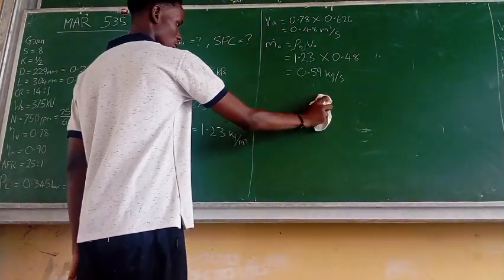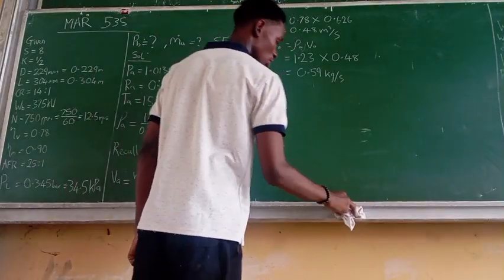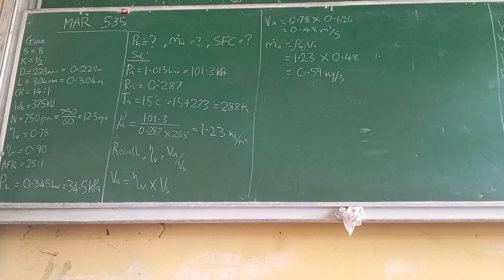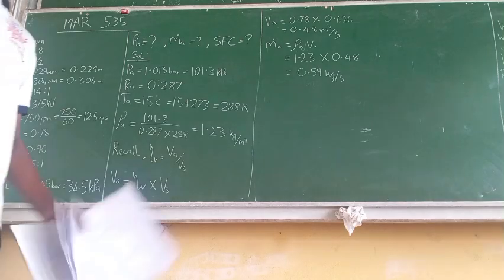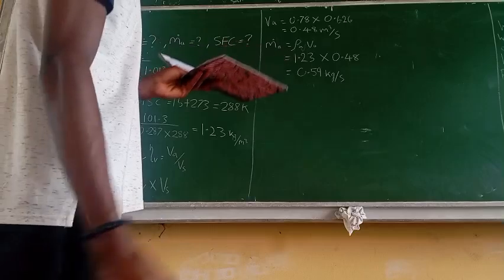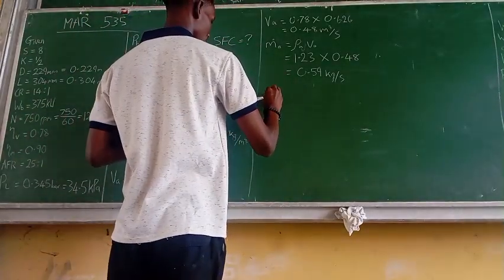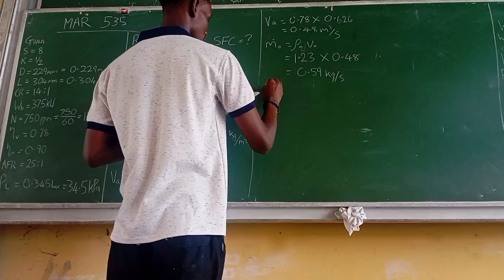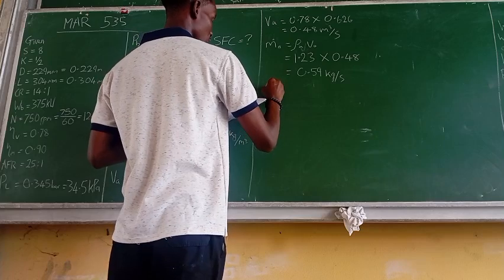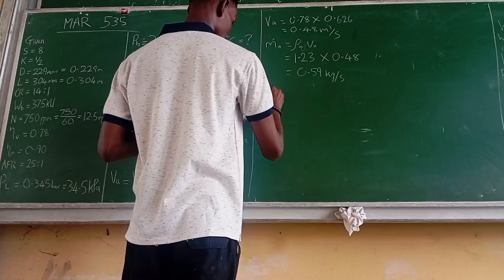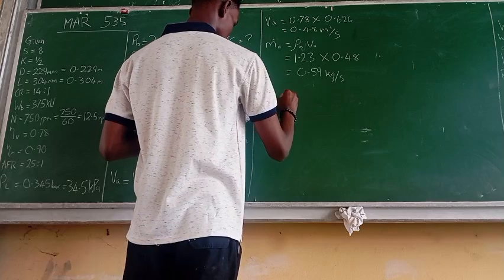But in this question, we are asked to use so many other variables, like your mechanical efficiency and your pressure loss, to find your brake power. So we are going to take the formula for brake pressure.